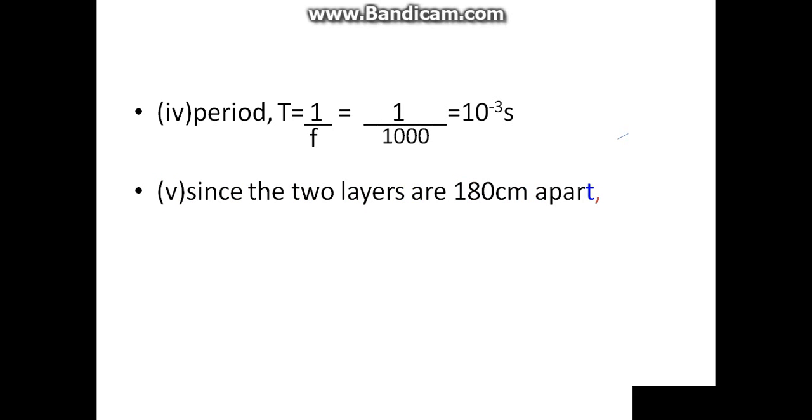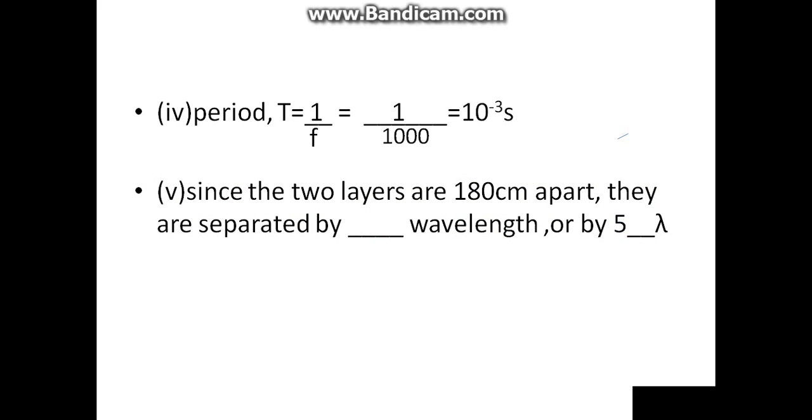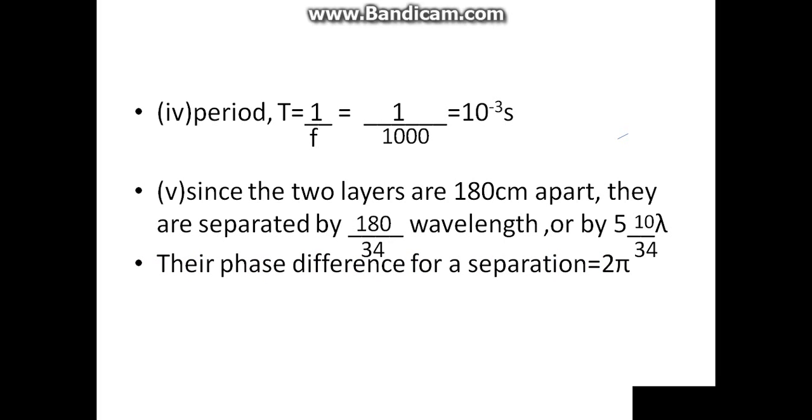V, since the two layers are 180 cm apart, they are separated by 180 over 34 wavelengths, or by 5 whole number 10 over 34 lambda. The phase difference for a separation of lambda is equal to 2 pi.